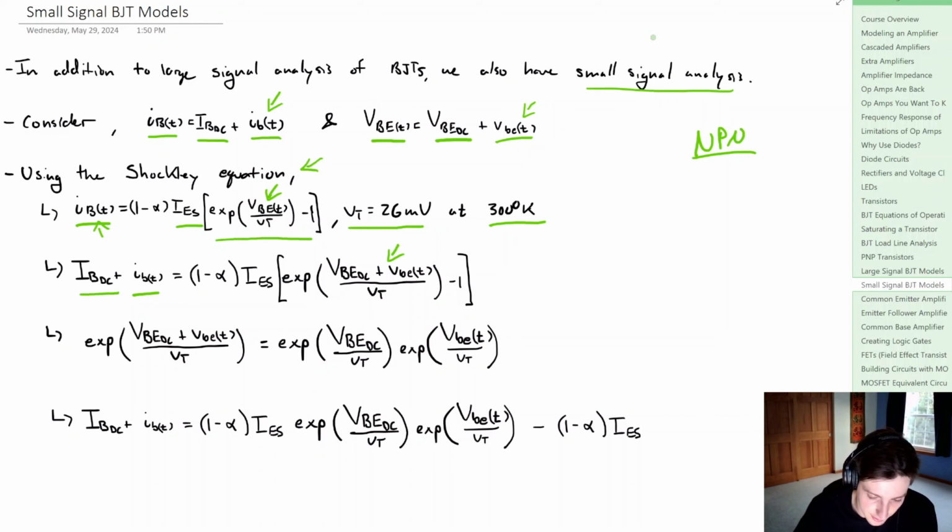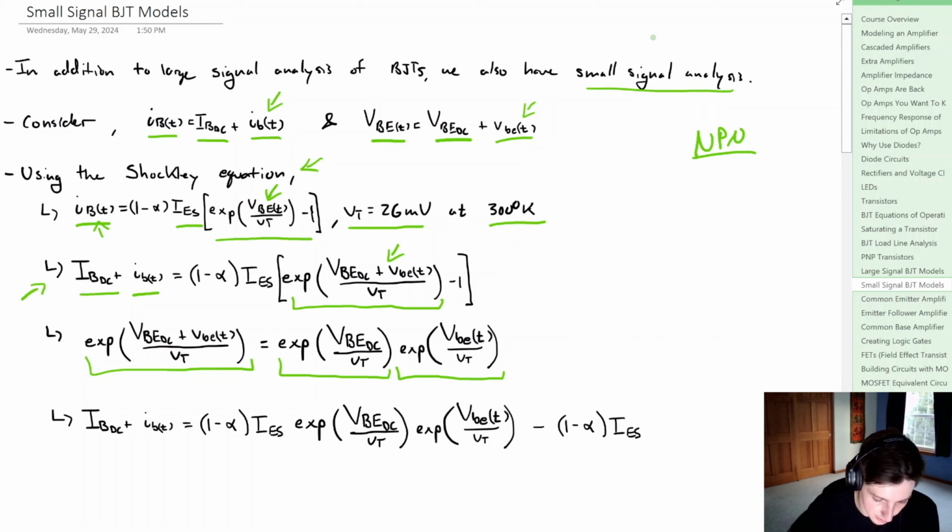So inside these brackets, we can express this term, which is right here, as the product of these two exponentials. And that's simply just going to allow us to plug that back in for our original equation that we're looking at right here. So we have, again, our total base current, and we just split up these exponentials. We also took this 1 minus alpha and distributed it to this minus 1 right here. So that's how we get that last term.